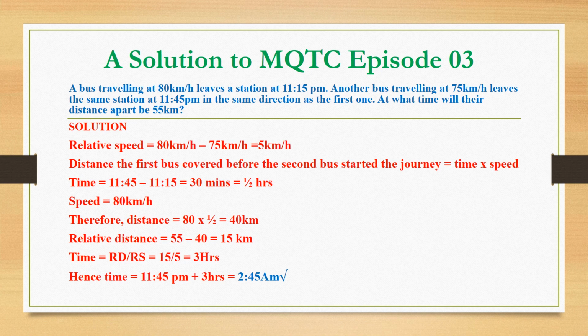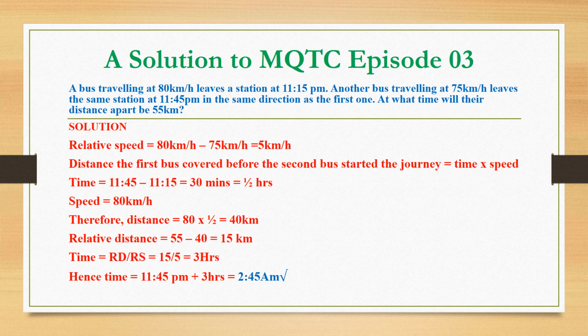So for you to be able to get the relative distance between the two, you take 55 minus 40, which will give you 15 kilometers. We know that for us to be able to get the time, we always take the relative distance divided by the relative speed. So in this case, we will take 15 divided by 5, and that gives you 3 hours.